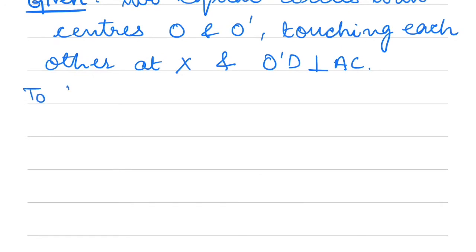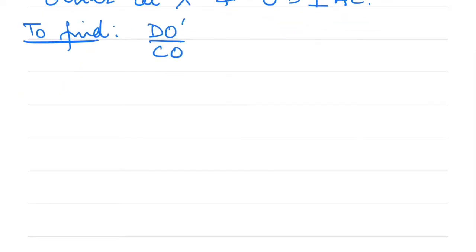Okay, and we have to find DO dash by CO. Okay, so let's say radii of both circles be R.